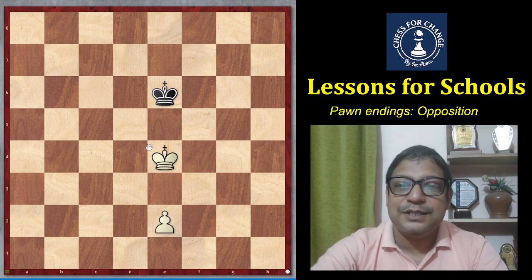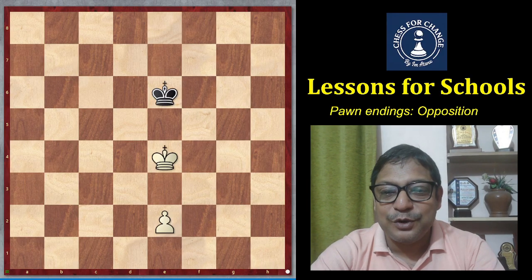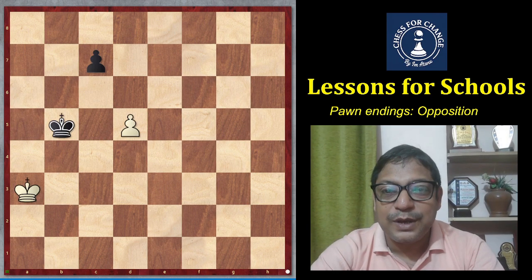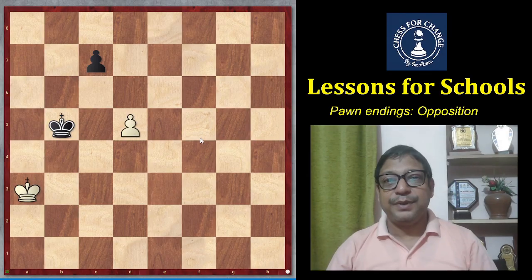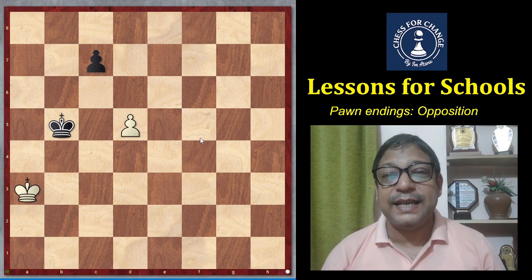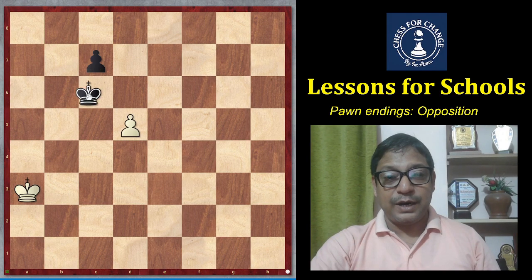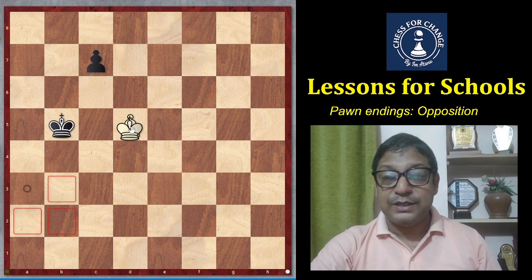Now, just for your revision, let's see whether you can recall what we have learned. There's a small question which you have to solve on your own. In this position, it is black who has the advantage. Why? Black's king is more advanced than the pawn, and he can easily capture white's pawn, while white king cannot defend his pawn.